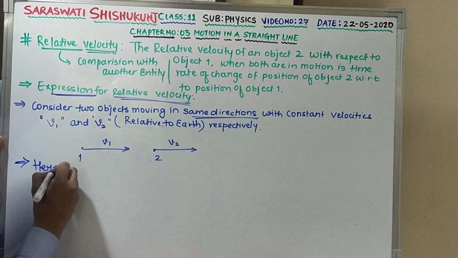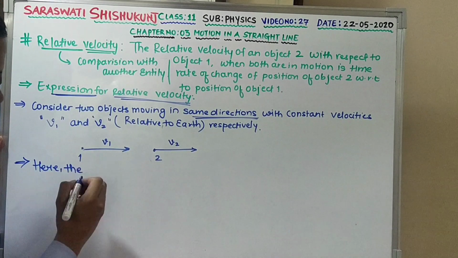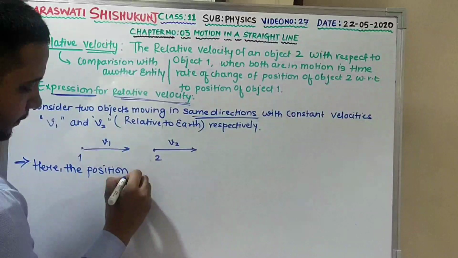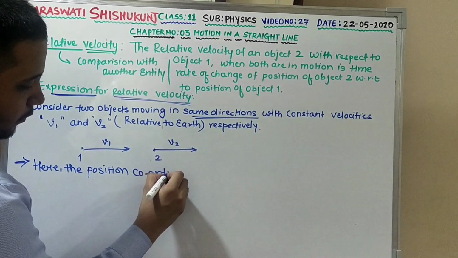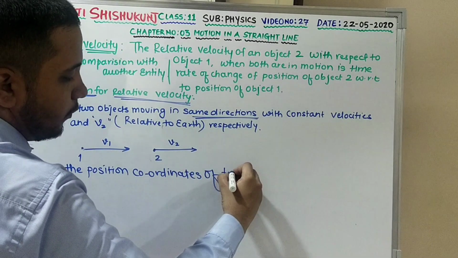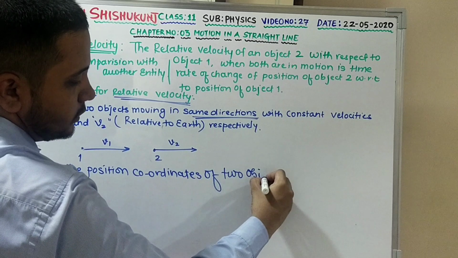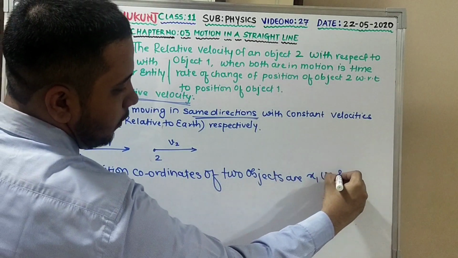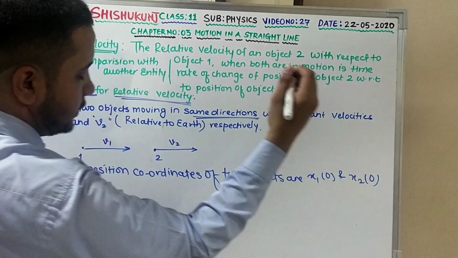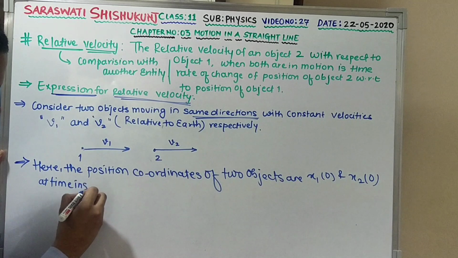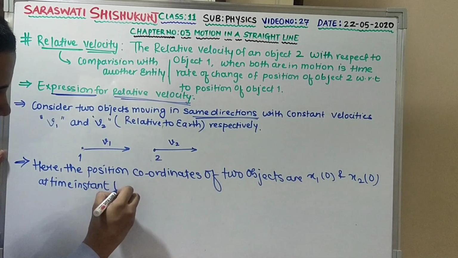Here the position coordinates of the two objects are x10 and x20 at time instant t equal to 0.